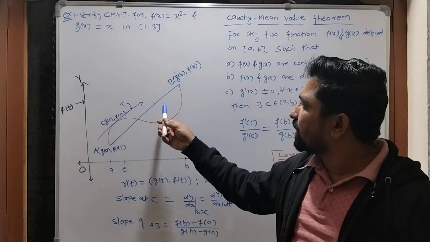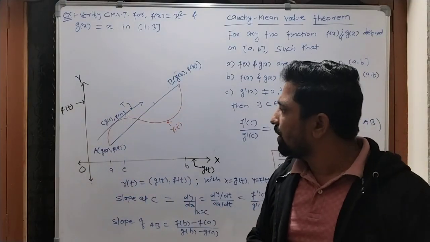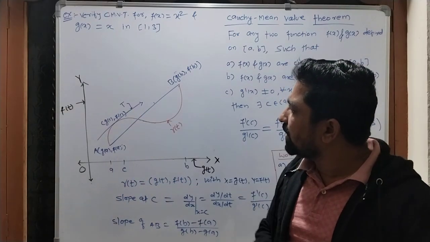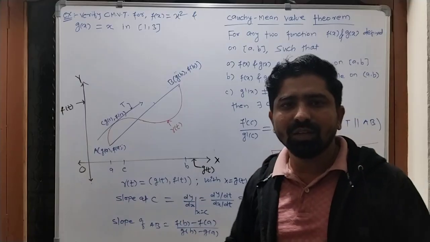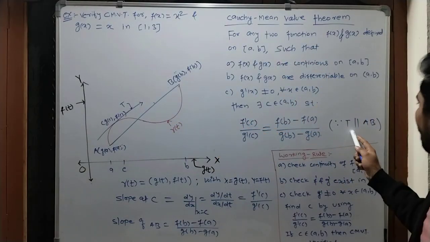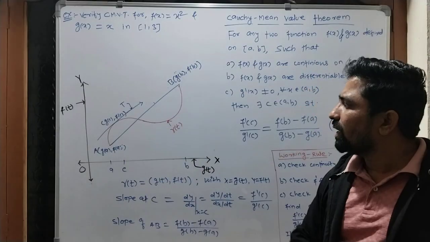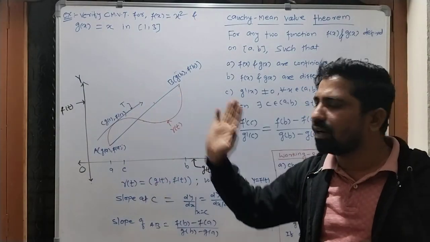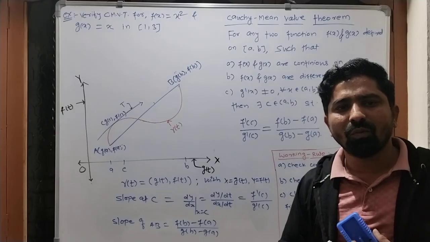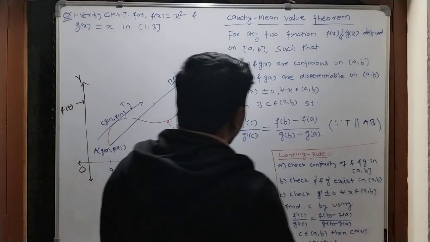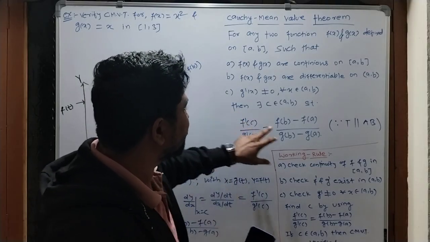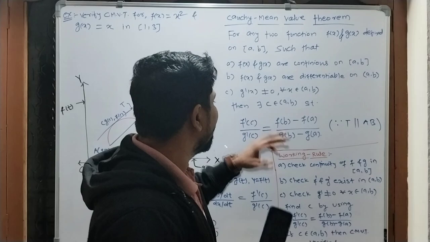If this secant is parallel to this tangent, then the slope of this tangent is the same as the slope of this secant AB.